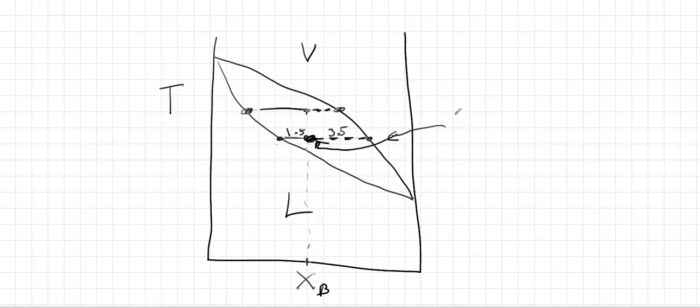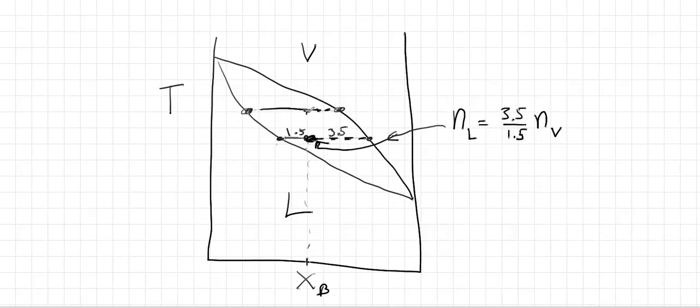And so we can say the amount of moles of liquid is going to be 3.5 to 1.5. In other words, a greater number than the moles of vapor. Okay? So basically, you should be able to say, I have more liquid than vapor at this point, and the ratio of them is 3.5 to 1.5.